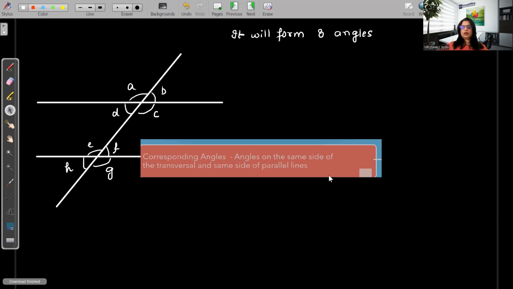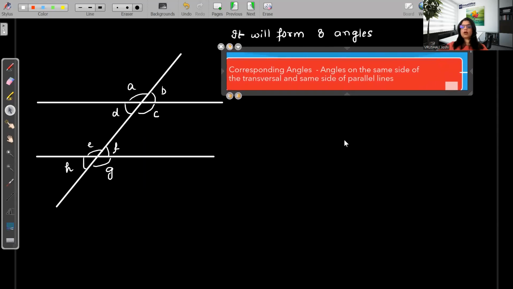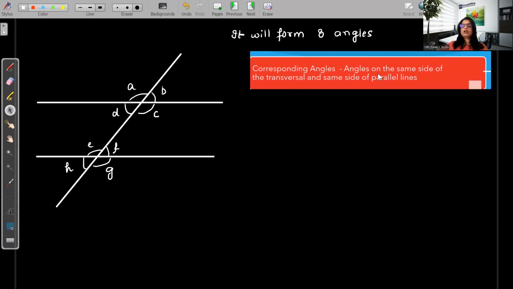Okay. I hope you're able to see this. So we're talking about corresponding angles. What are corresponding angles? As I said, they are angles on the same side of the transversal. Same side of the transversal means this side. We're talking about these four. Same side of the transversal and same side of the parallel line.